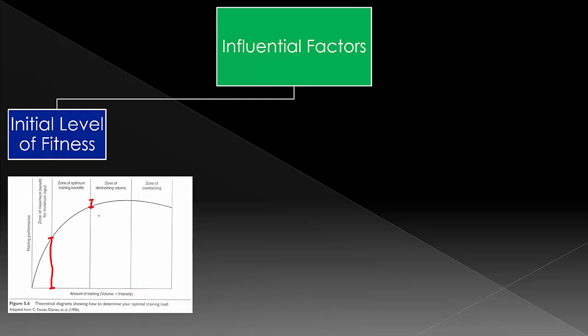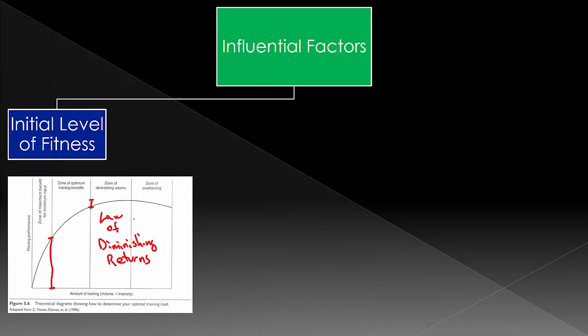We call this the law of diminishing returns. Sad but true. So the more fit you get, you have to work a lot harder to obtain any extra adaptations to exercise training.